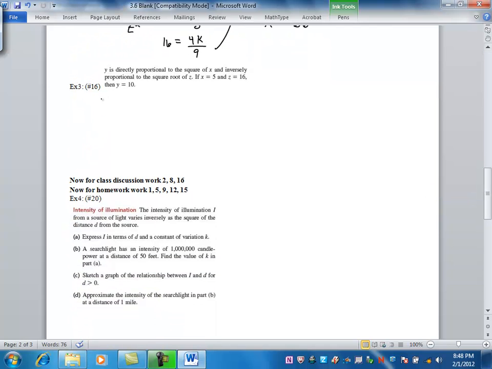In our next example, y is directly proportional, so there's my equal k to the square of x, so there's x squared, and inversely proportional to the square root of z.